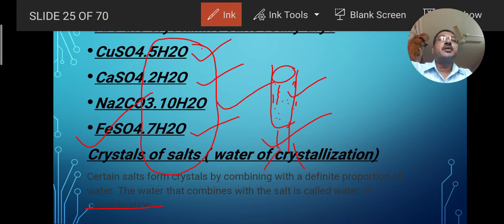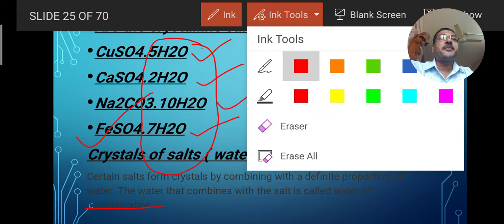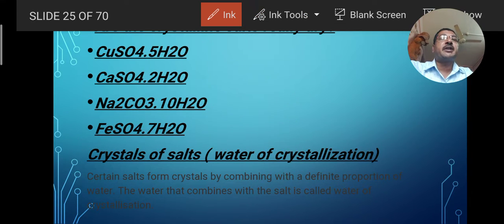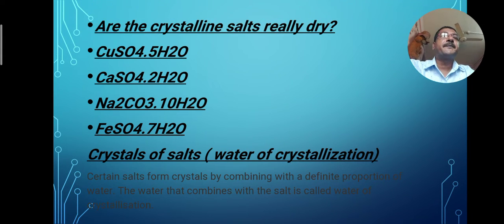So we can say no, the salts are not really dry. They contain water of crystallization, and they are referred to as hydrated salts. If the water molecules are given out, then it is referred to as a dehydrated salt or amorphous salt.